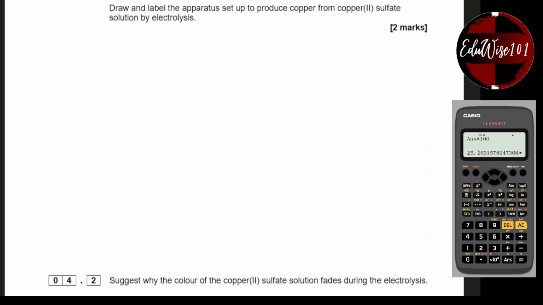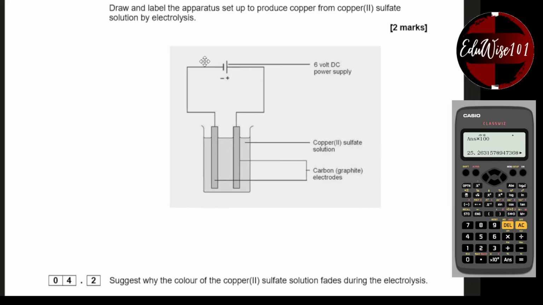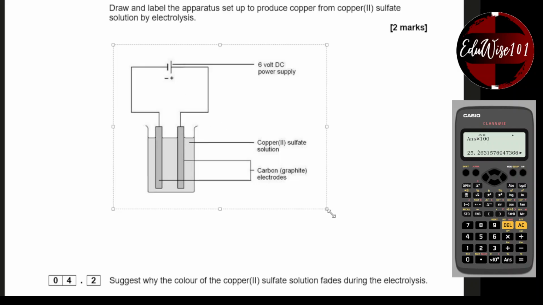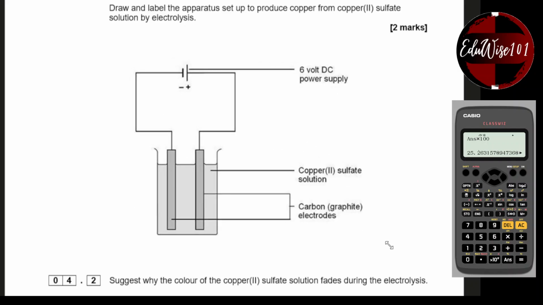So I have a pre-made diagram. Let me show you that. There you go. So we have a beaker. It's not labeled here. Carbon graphite electrodes, or you can label that as inert electrodes.